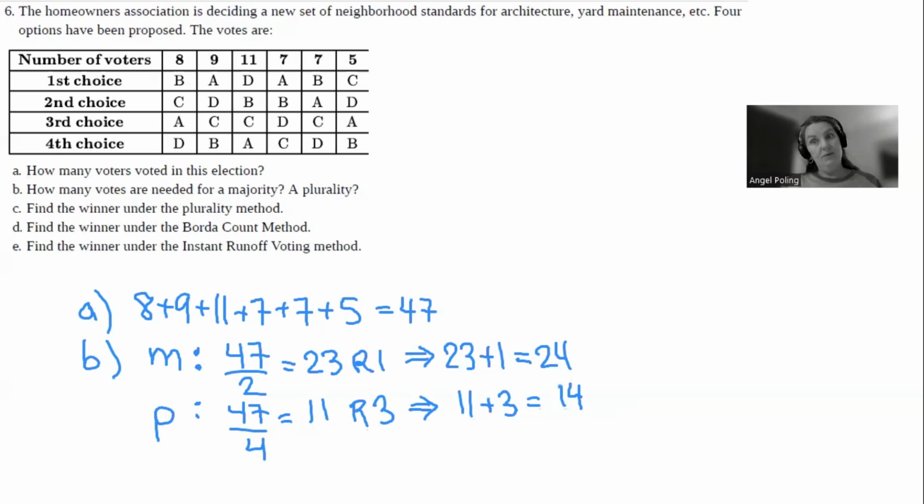Okay, then who is the winner under plurality? Let's take a look. So we've got 8 for B and 7 for B. So for B, we have a total of 15. Then for A, we have 9 and 7 for 16. For C, we have 5.